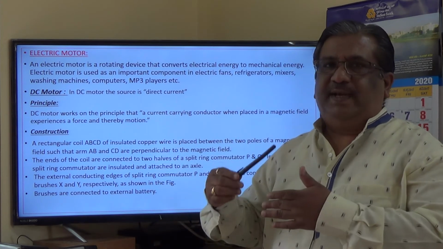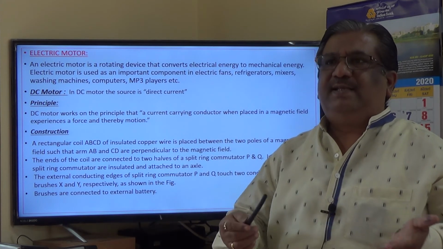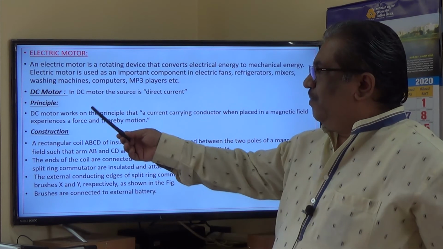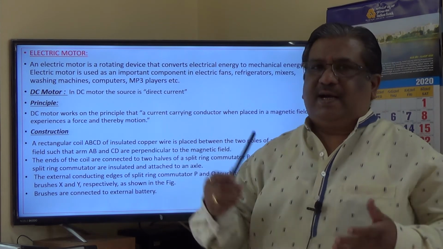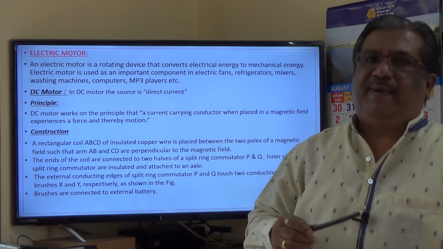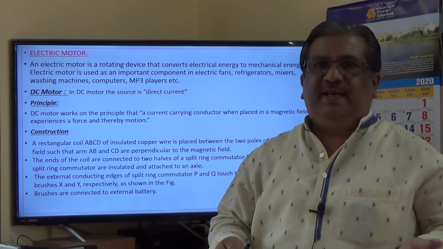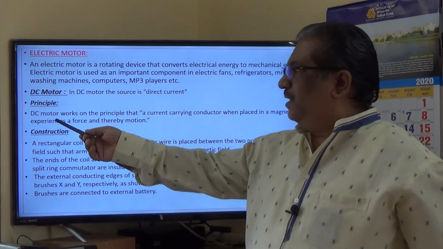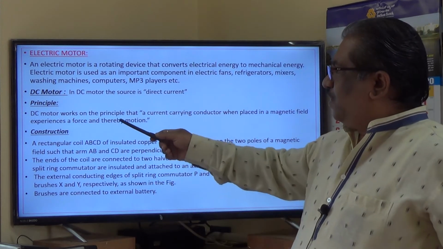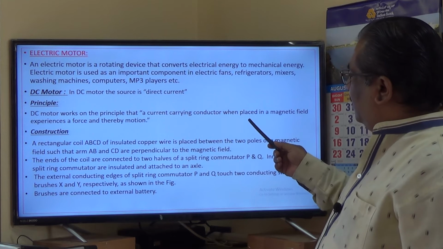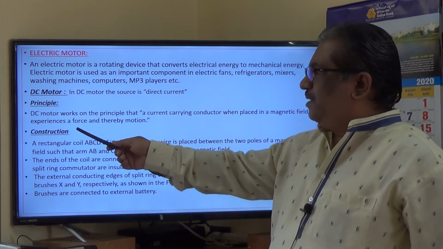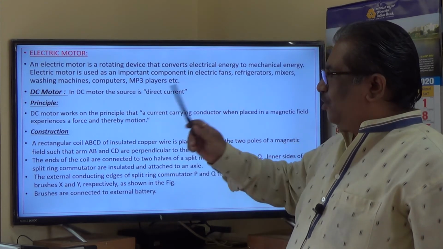So far, whichever experiments we have observed, that is the basis for the working of a DC motor. A current carrying conductor when placed in a magnetic field experiences a force, and thereby a displacement. That is the principle of the DC motor. So a DC motor works on the principle that a current carrying conductor when placed in a magnetic field experiences a force and thereby motion.